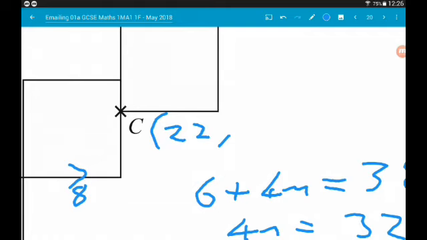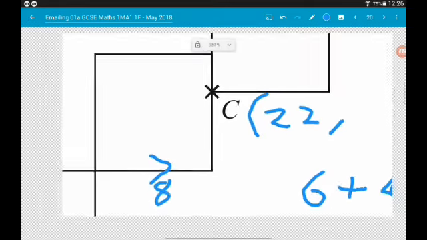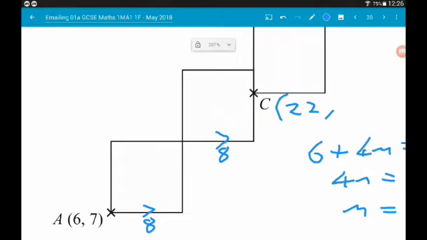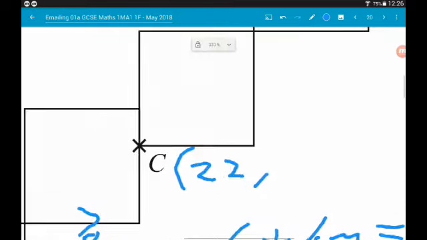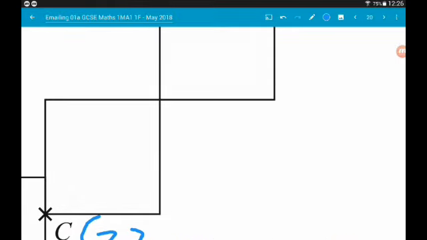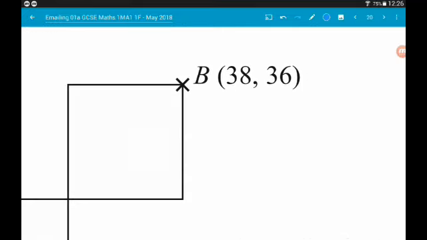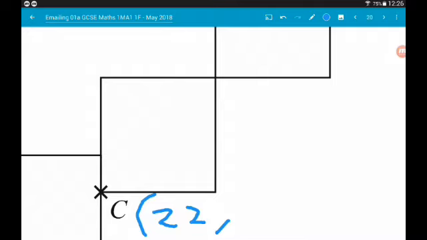Now, point C is sort of along the height of this second square. So we can't go up from point A, but it is at the bottom of this square. It's at the bottom left. So how are we getting down from the y coordinate of B to the y coordinate of C?